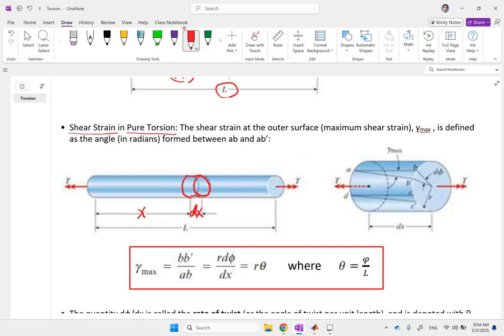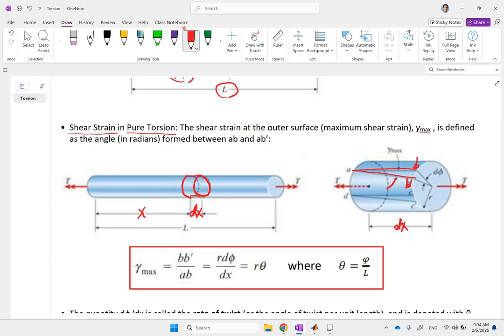And here is that same disk, just magnified. And then you can consider two lines on it, line AB that you had before the twist, and it goes to line AB prime.